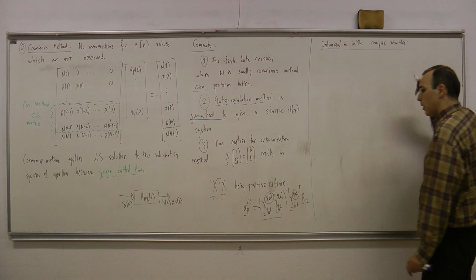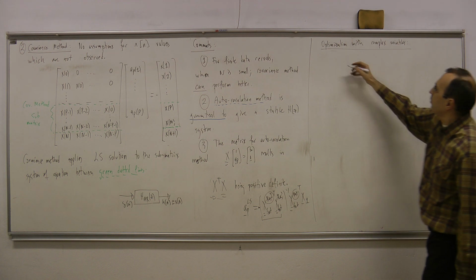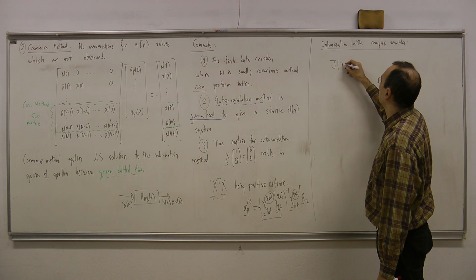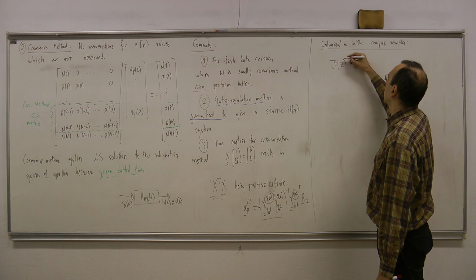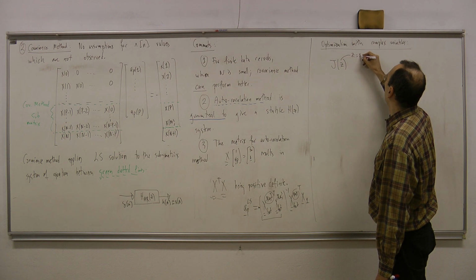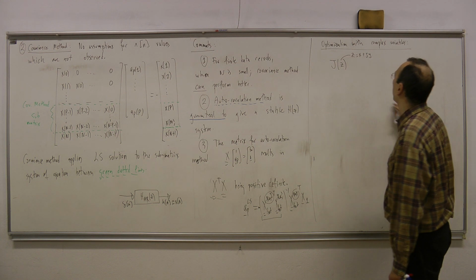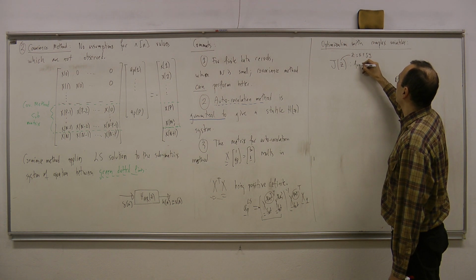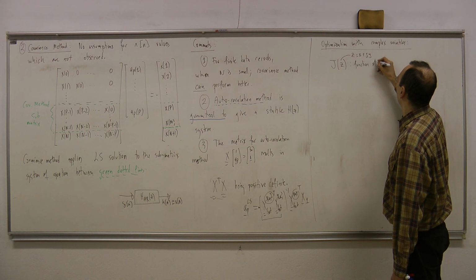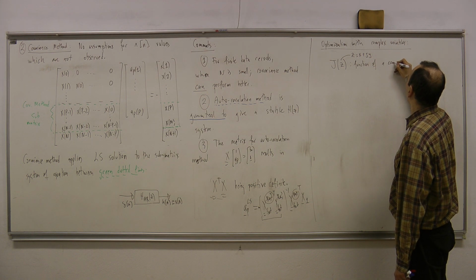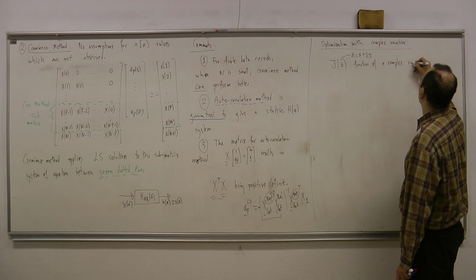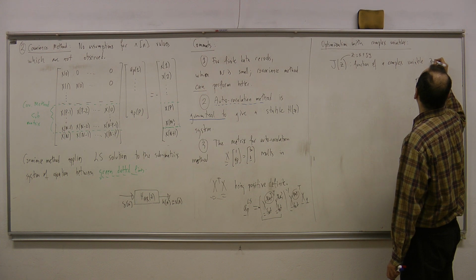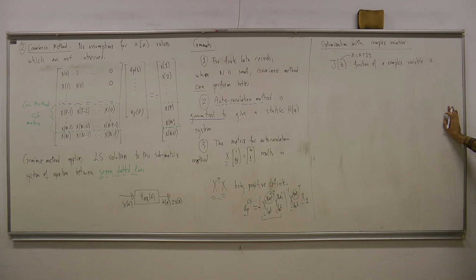Okay. So one thing is, well, we have this concept of cost function. Let's say that Z is a complex variable, x plus jy. Okay? So this is, say, a function of a complex variable Z. Okay?